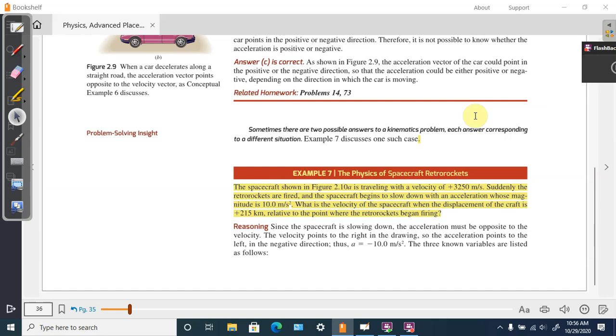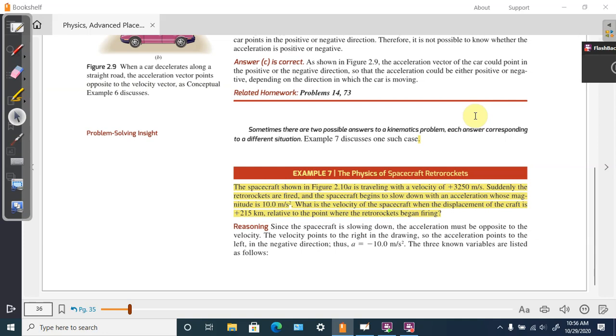Suddenly, the retro rockets are fired, and the spacecraft begins to slow down with an acceleration whose magnitude is 10 meters per second squared. What is the velocity of the spacecraft when the displacement of the craft is positive 215 kilometers relative to the point where the retro rockets began firing?